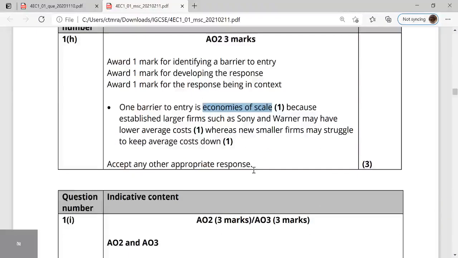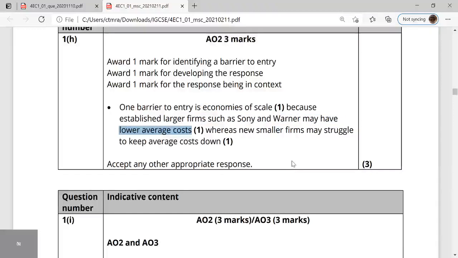So one is economies of scale, because established larger firms such as Sony and Warner may have lower average cost. These are large firms producing in large quantities, so it's possible for them to lower their average cost, which is basically economies of scale.